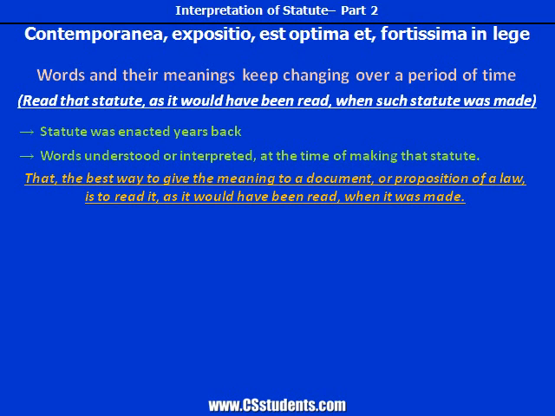In India, certain statutes are more than a century old. For example, Indian Penal Code or Indian Stamp Act 1899 are old statutes in India. It is most likely that some of the words used in those statutes have changed their meaning with the course of time.